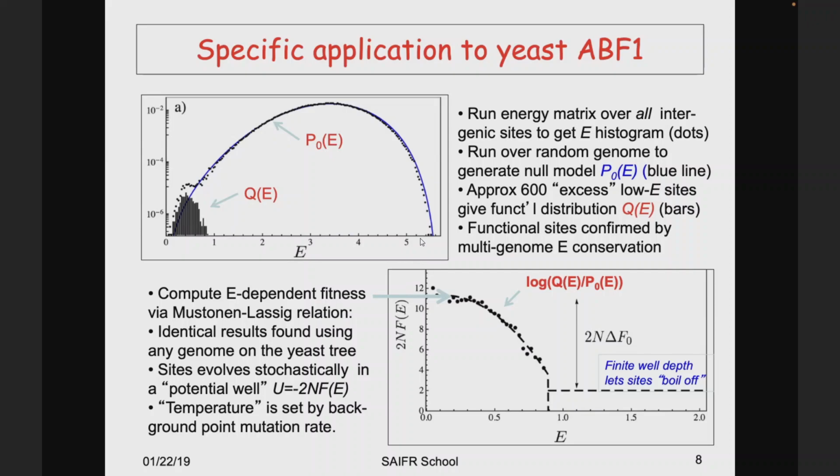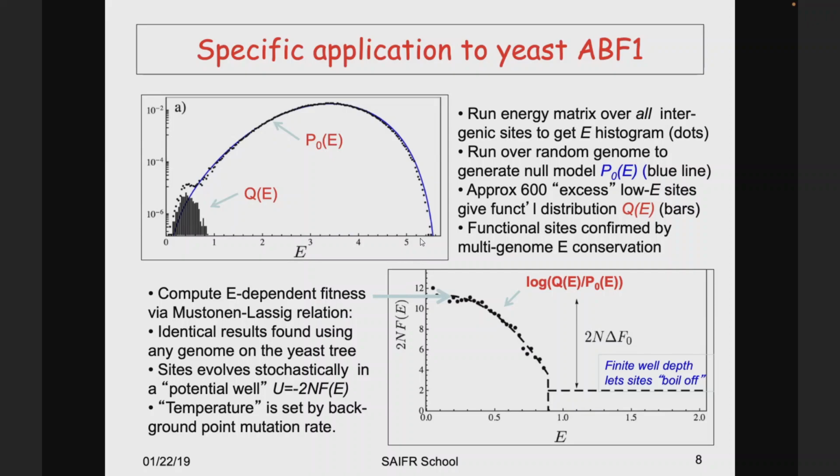It's not totally even. And what you see is that the real genome only differs from the random genome for a collection of low energy sites. So this histogram has a little bump in it at the bottom. Think of the ratio between the continuation of the random genome down to 0 and the actual genome, and that's what's being plotted with the bars there. This Q of E is the ratio of those two.